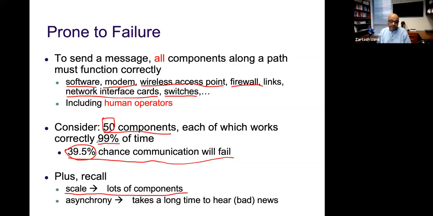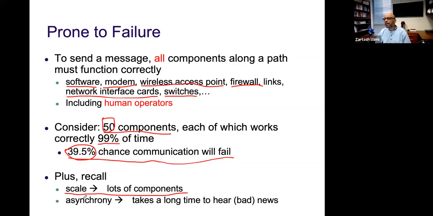But since we have 50 components, which is a large number, the chances that at least one of these will fail will be close to 40%. So you recall that the scale of the internet is large. There are lots of components, so the probability that something will fail somewhere is very, very high, okay?